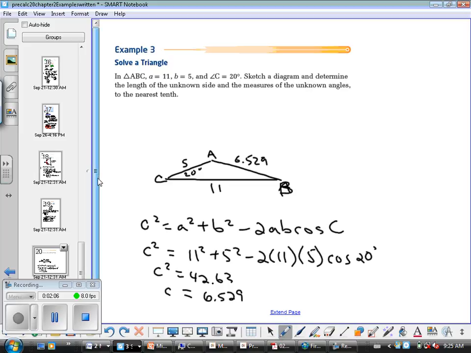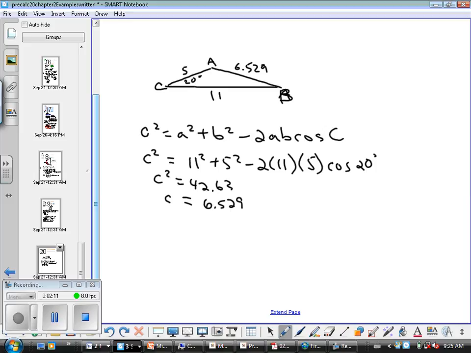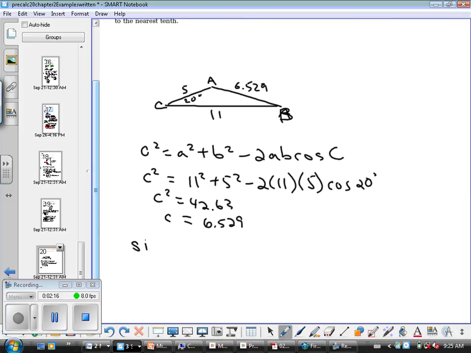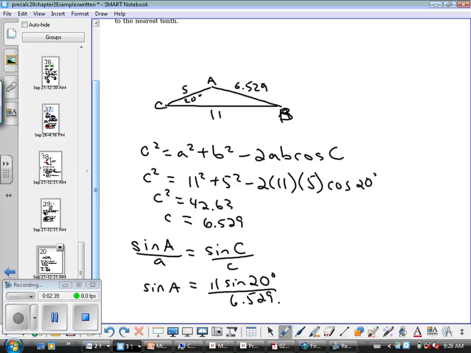If you did use the sine law to find angle A, you would then have to take your answer and subtract it from 180. Do you want me to show you that? If I decided to go sine A over a equals sine C over c, then sine A equals a, that's 11, times sine 20 over 6.529, whatever I found on my last answer.